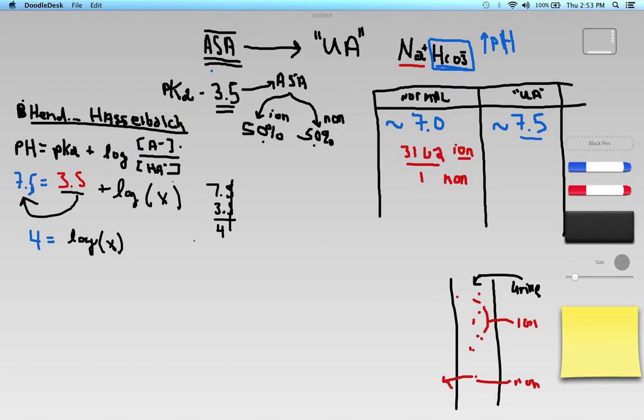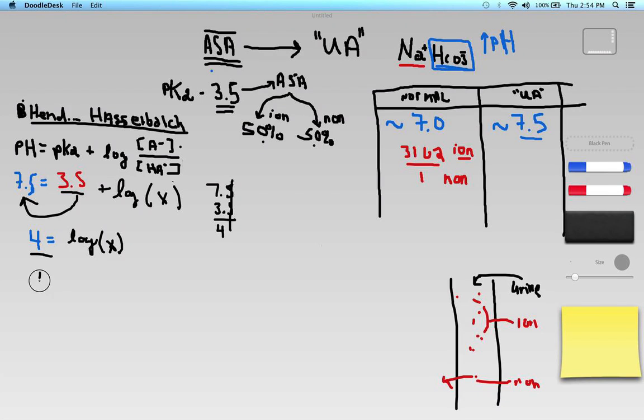Now this may not seem like a big difference, right? I think the last one was 3.5 and this one is 4. Remember, we're dealing with a logarithm, however. So the log of what equals 4? Well, that's significantly larger, actually.